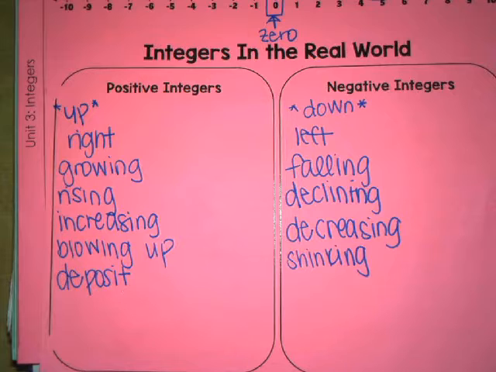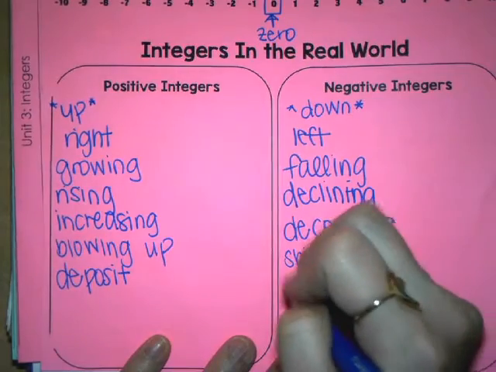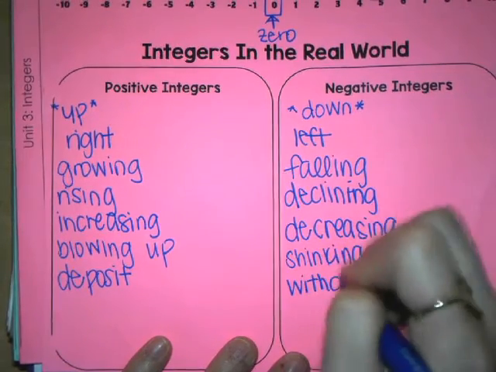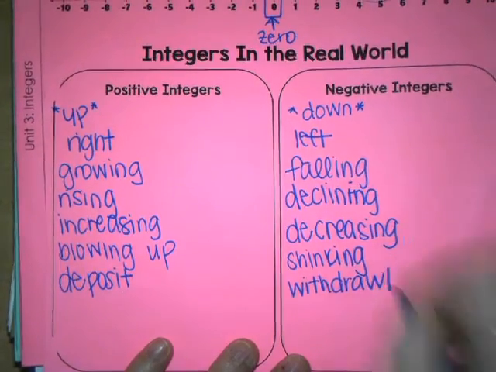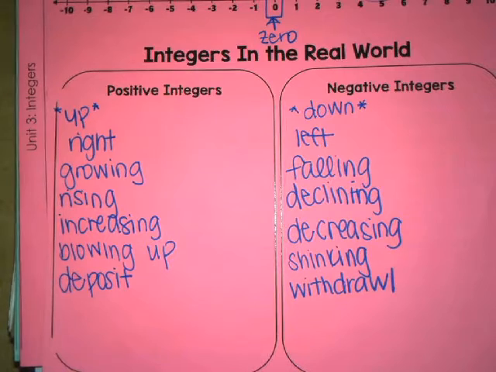Anyone know the opposite of deposit? Eva? No, that's okay. Cooper? Withdrawal. We're just going to say withdrawal. Yes, you are withdrawing. It's a hard, weird word to say.